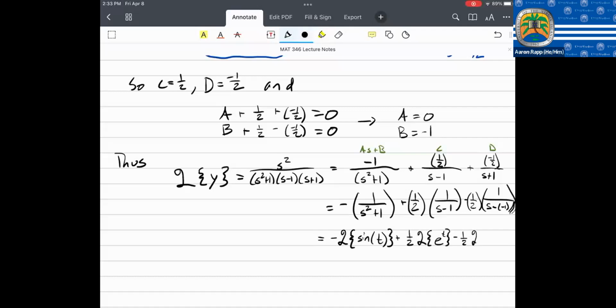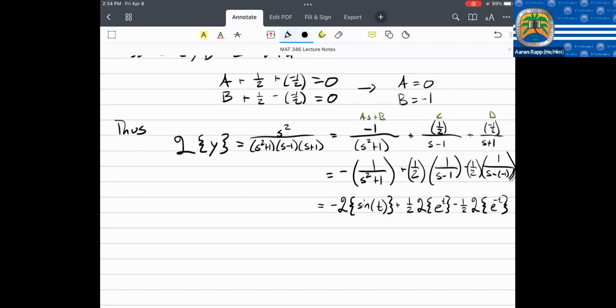Minus 1/2 times the Laplace transform of what function? Okay. And this is a linear operator, which means I can bring all those coefficients inside and combine them all into one Laplace transform. This is the Laplace transform of negative sine of t plus 1/2 e to the t minus 1/2 e to the negative t.